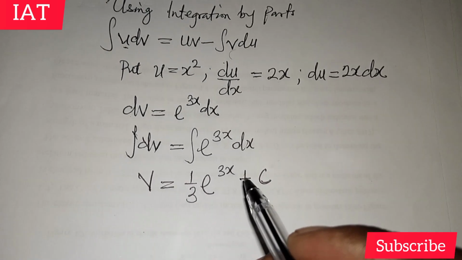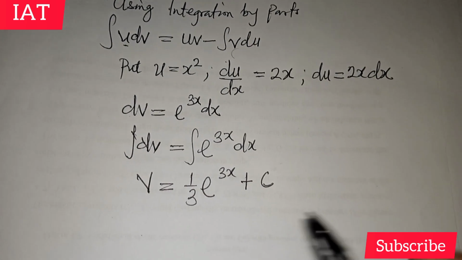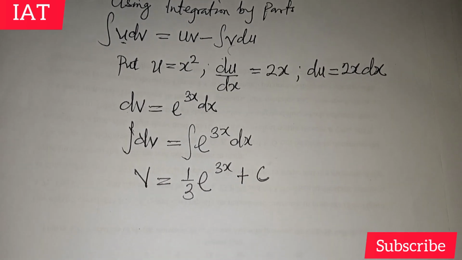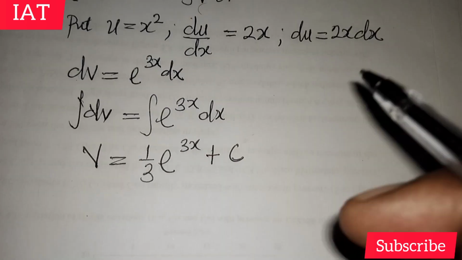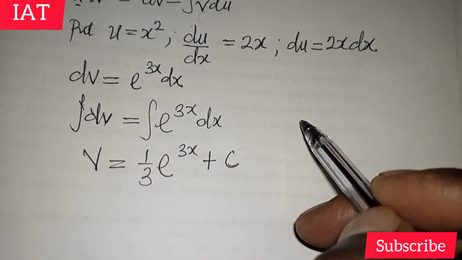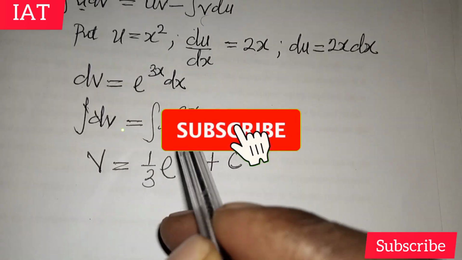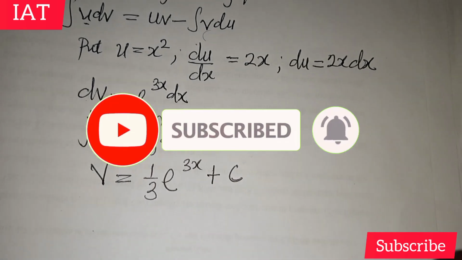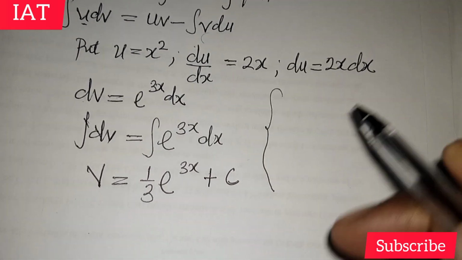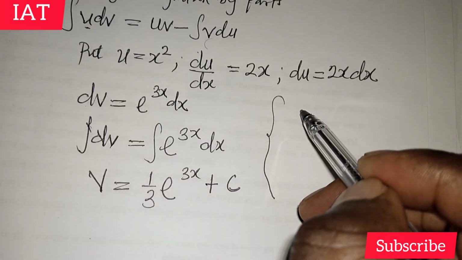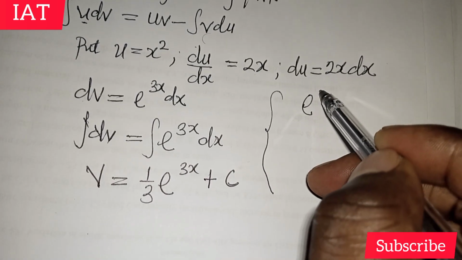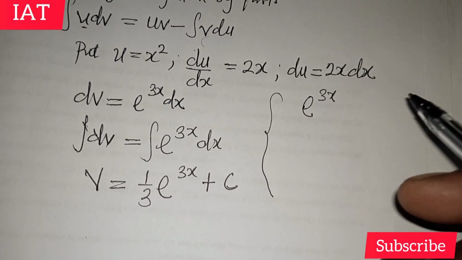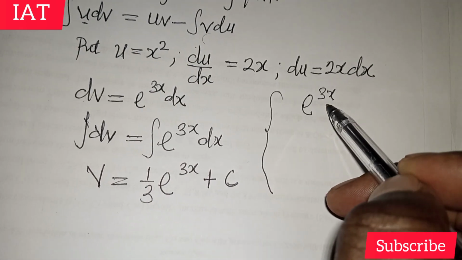So if you don't know how I go through this process to have this, then let me use this space to fix that for you. How I got this, the integral of exponential 3x dx using chain rule. From chain rule, we have that this is what we want to differentiate, exponential 3x. So this is what you're going to do.